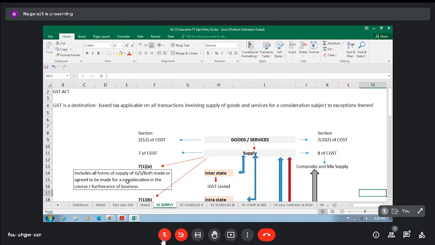Anything you pay or make available in return, that is called as consideration. Okay. Anything other than money, sir? Yes. Assume that you will give me 2 kgs of gold to learn GST. Is it not the consideration for me?